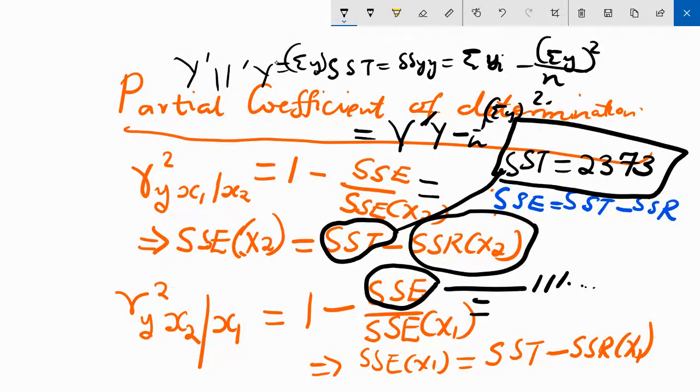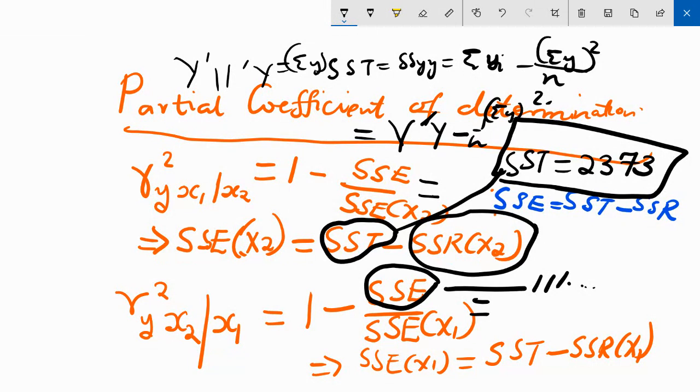So you must first find SSE of X1 by saying SST minus SSR of X2. Same applies to SSE of X1. SST will never change because it only involves Y values. So you use that 23.773.